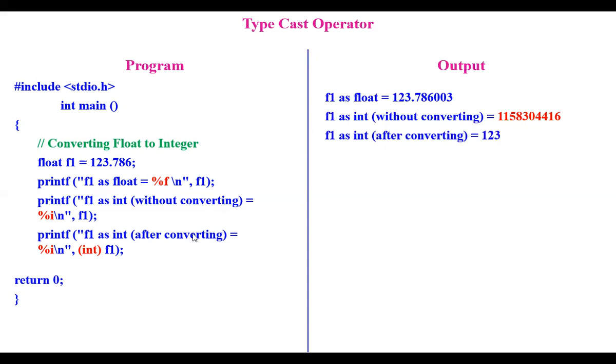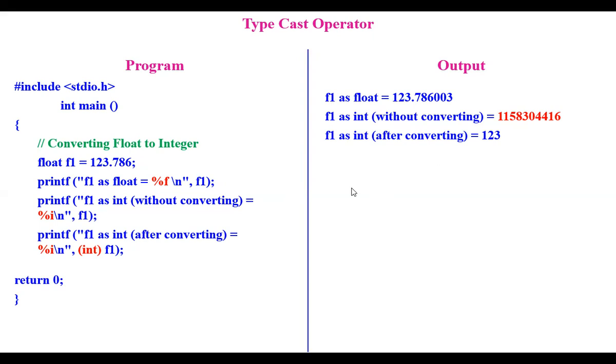Next, we have done the operation, a float to integer. When a float is converted to integer, all the decimal places beyond this decimal point will be truncated and only the integer value is taken. So 123. So it displays as integer, it is displaying 123.